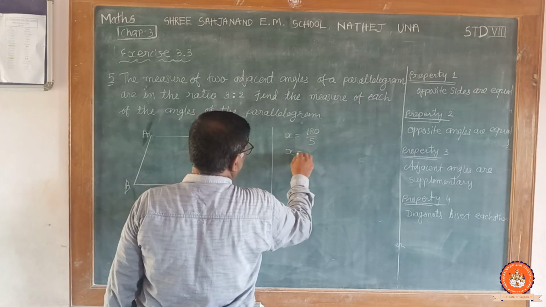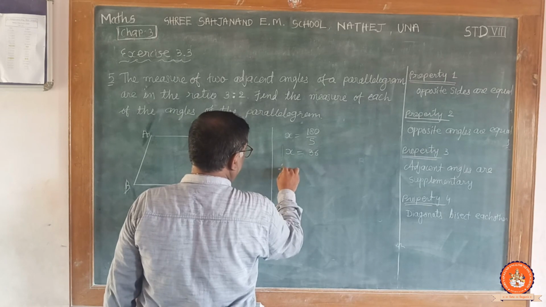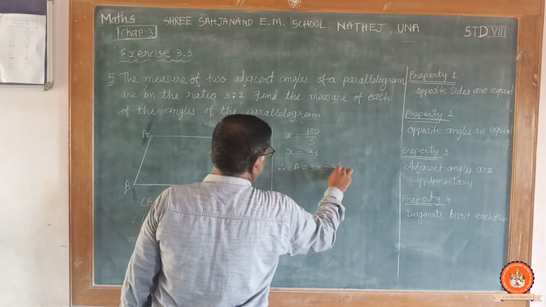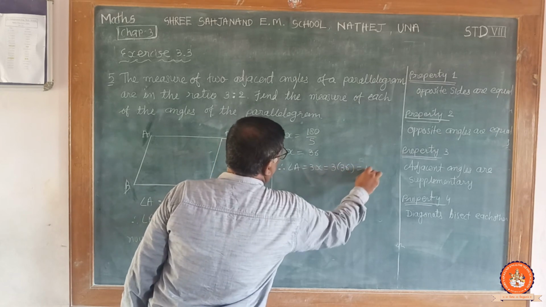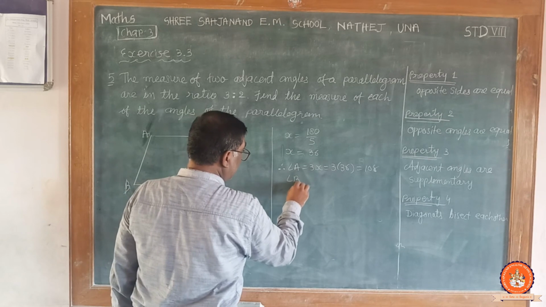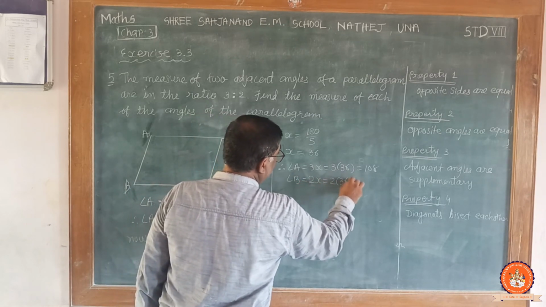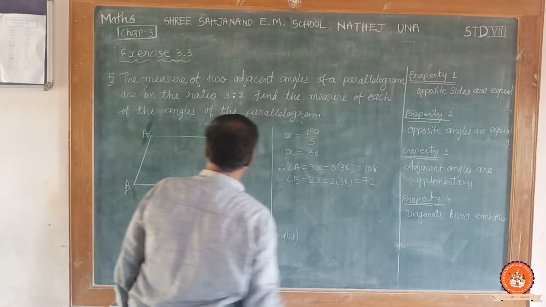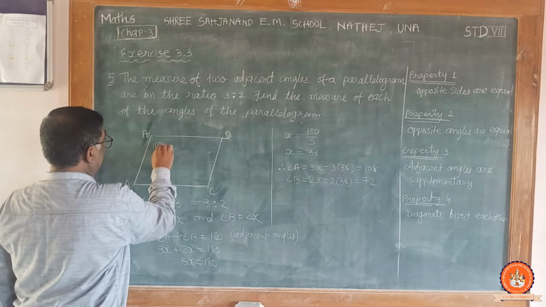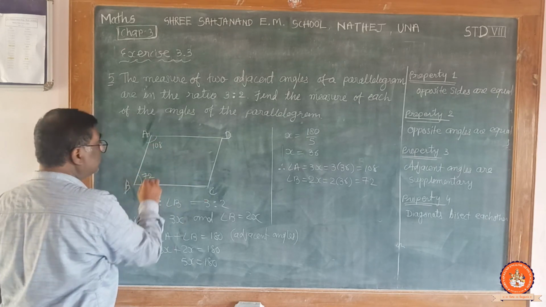So x is equal to 36. Okay, and therefore angle A is equal to 3x, 3 into 36 is equal to 108. Angle B is equal to 2x is equal to 2 into 36, that is 72. यानी A एंगल हमारा हुआ 108 का, और B एंगल हमारा हुआ 72 का.